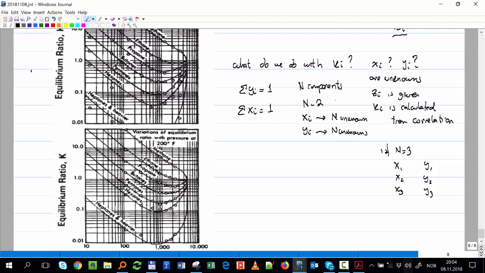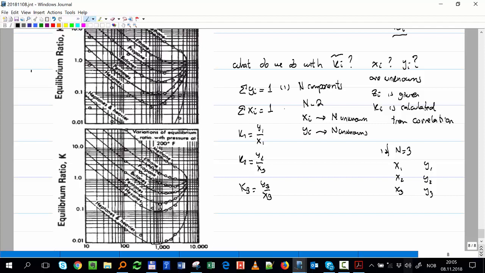But with the K factor, how many additional equations do we have? K1 equals y1 over x1, K2 equals y2 over x2, K3 equals y3 over x3. So we have 3 additional equations.